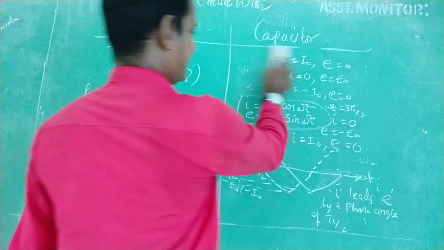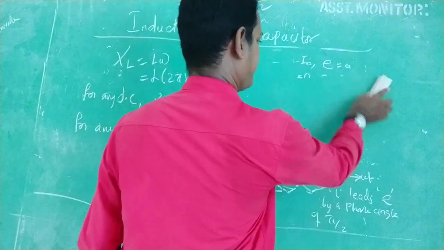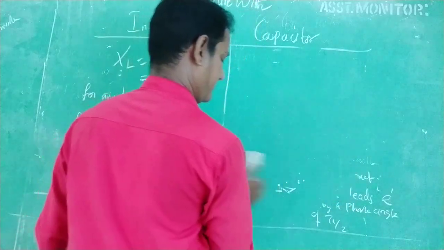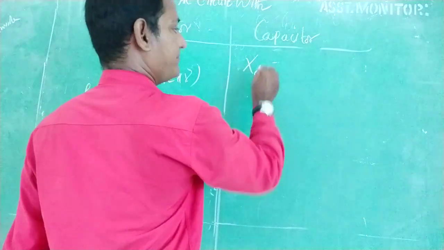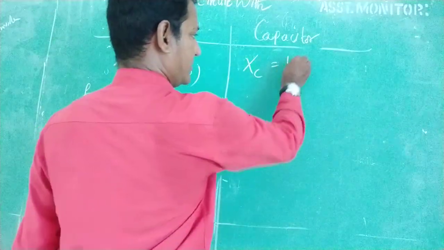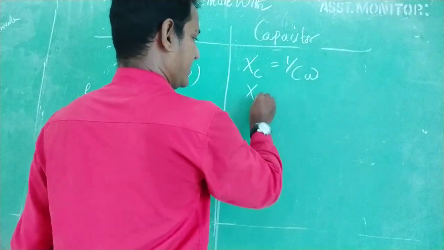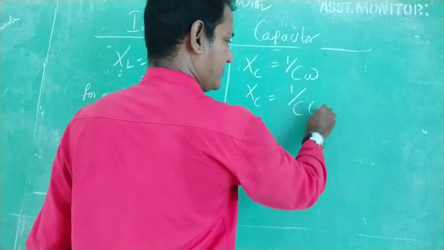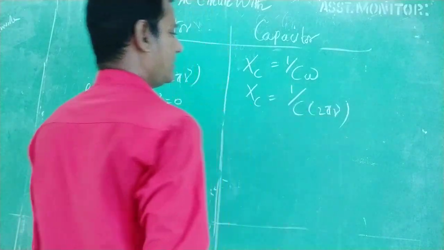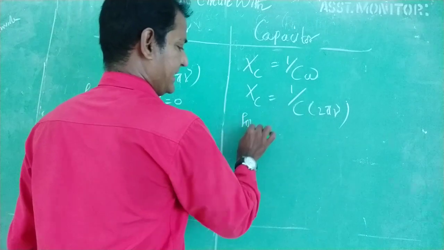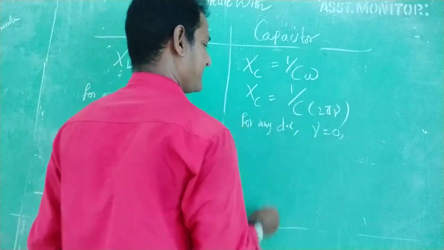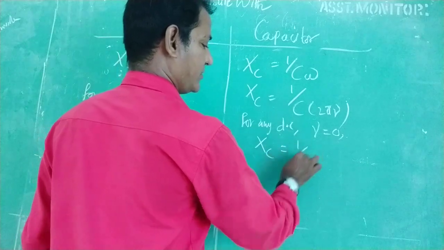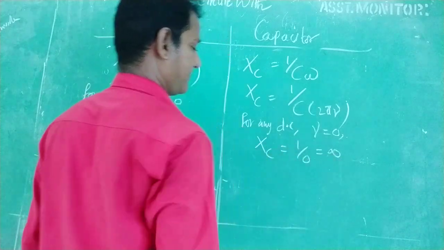And here the capacitive reactance is equal to 1 by C omega, so XC is equal to 1 by C into 2 pi nu, right? So for any DC there is no frequency, so XC is equal to 1 by 0, that is equal to infinity.